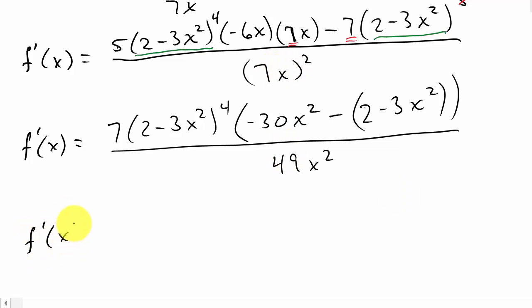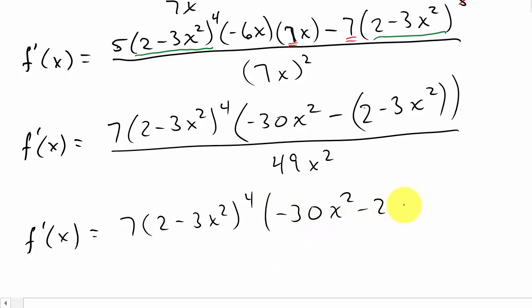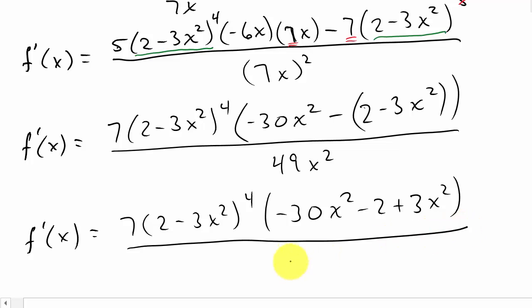So f prime of x is equal to 7 times 2 minus 3x squared to the fourth times, and then that's negative 30x squared minus 2 plus 3x squared, and that's over 49x squared.